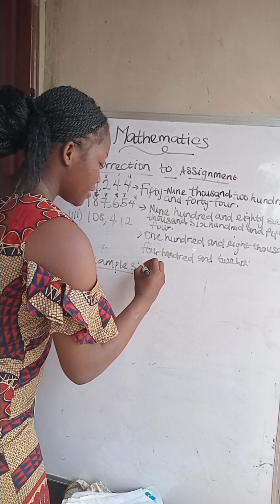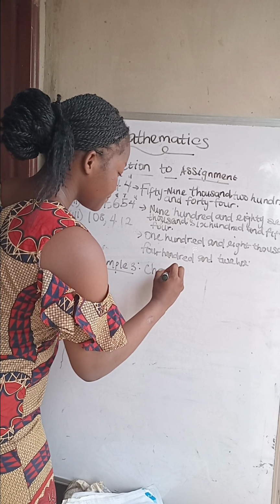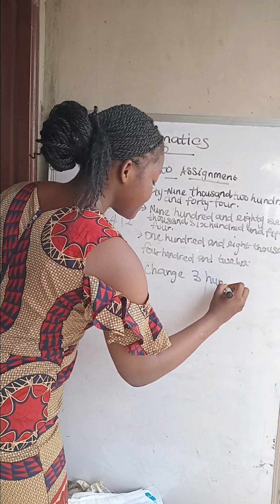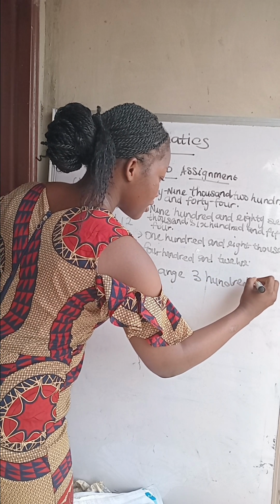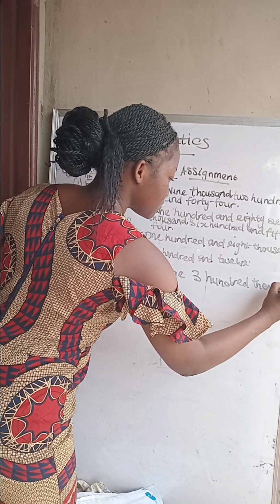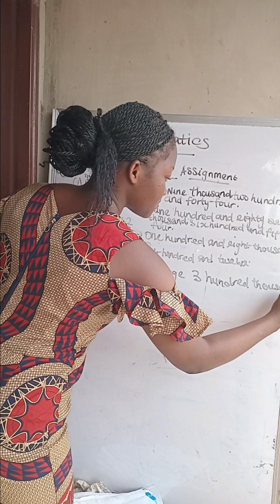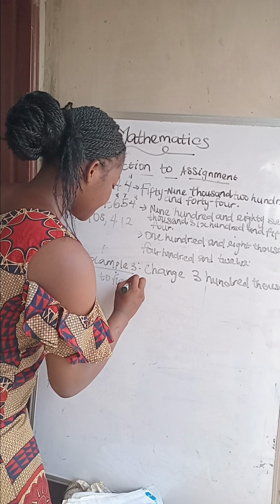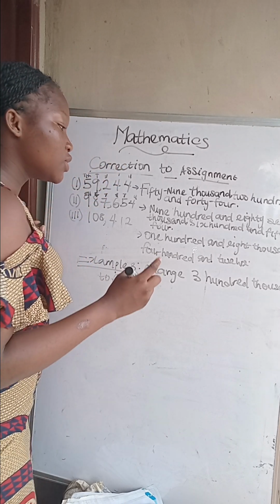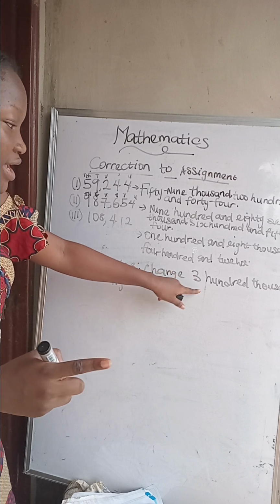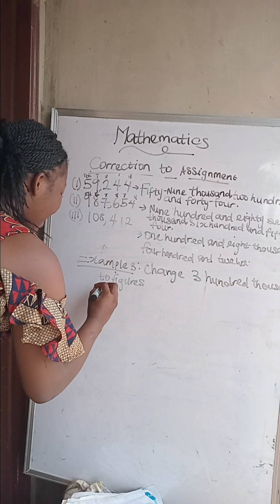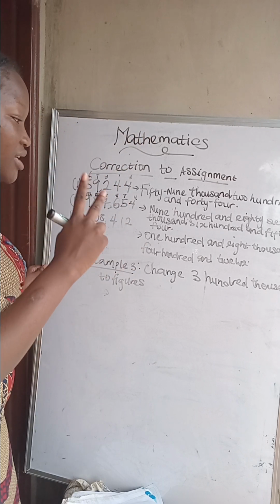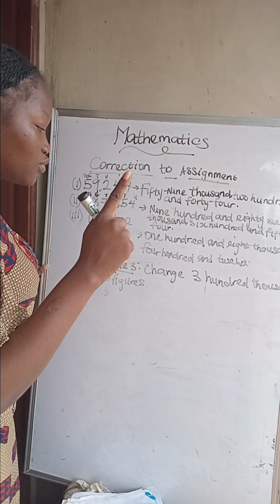We have: change 300,000 to figures. From the word 100,000, 300,000. Change 300,000 to figures.